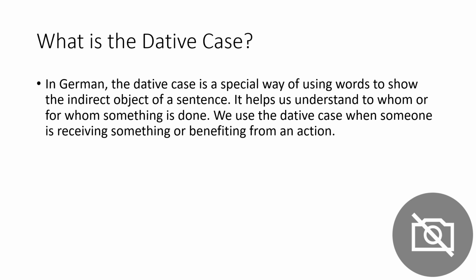If you ask me, the dative case comes into picture when there are two objects in a sentence. The direct object is considered to be in accusative case, and the indirect object in the sentence is considered to be in dative case.